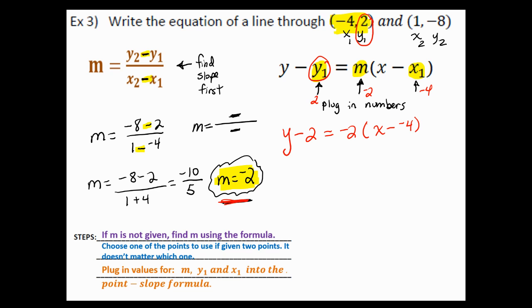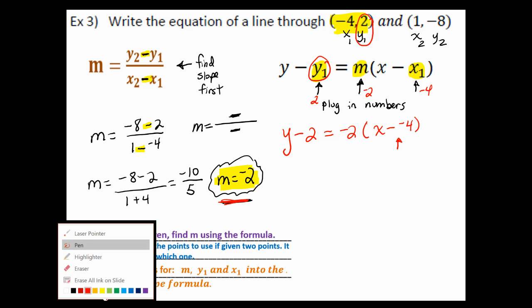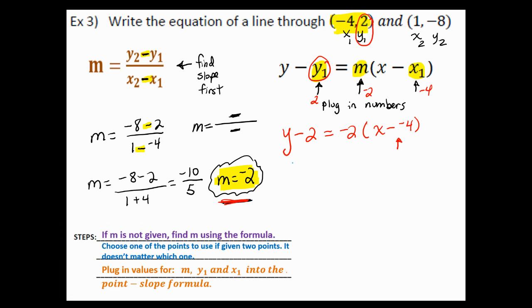Now be careful. You have that minus changes to plus business that you have to change before you do anything else. So you always have to stop and check for that. So y minus 2 is equal to negative 2x, minus minus becomes plus plus, or just plus. So plus 4.